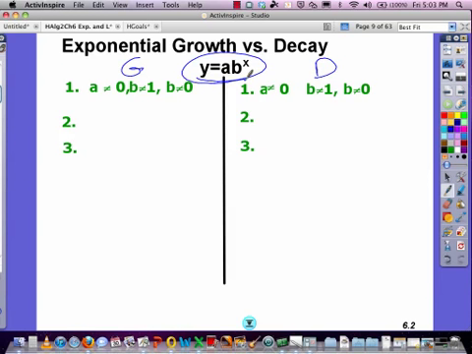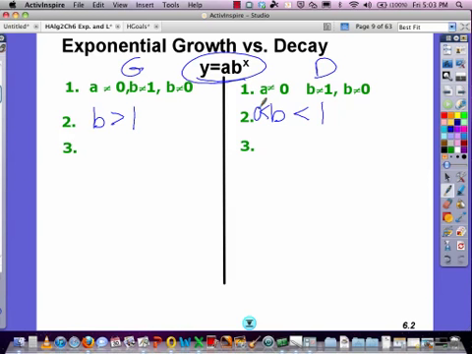So what else did we say? Most of you would say, we know if it's a growth situation, B has to be greater than 1. If it's a decay situation, that same B value has to be less than 1, but bigger than 0 is what our number has been so far. So B is less than 1, but greater than 0.